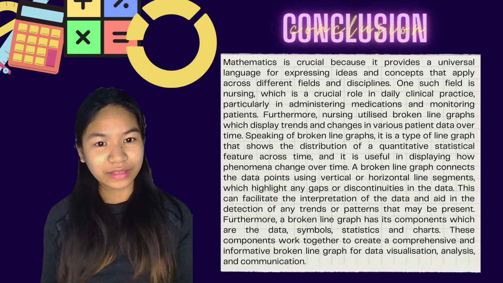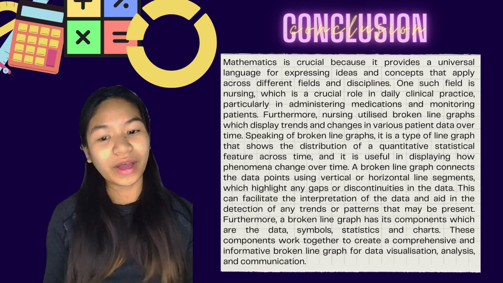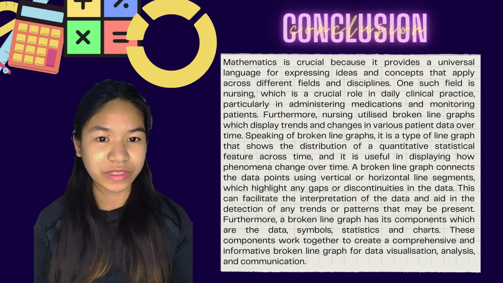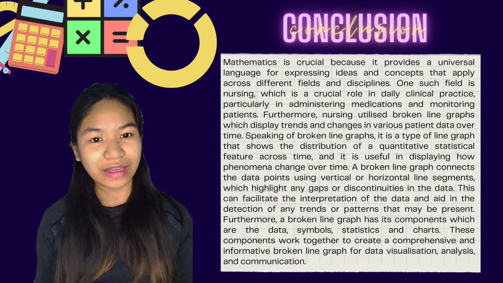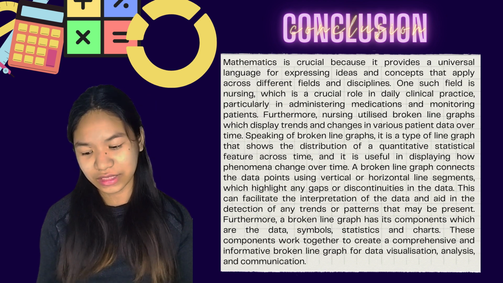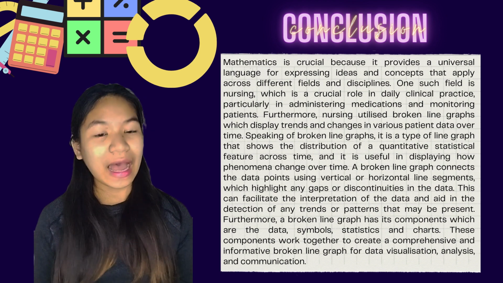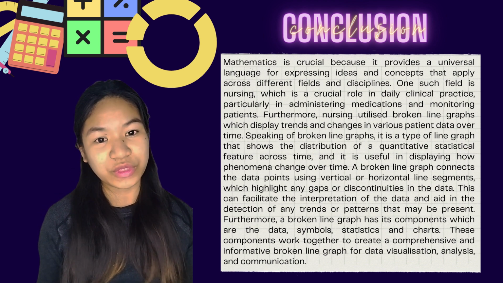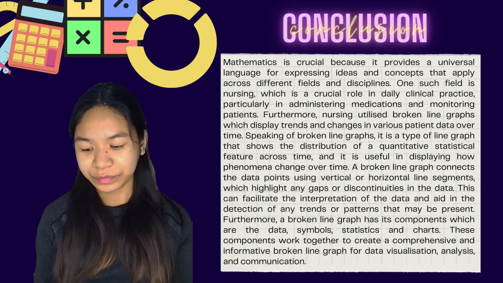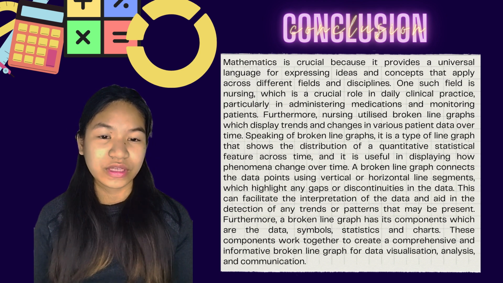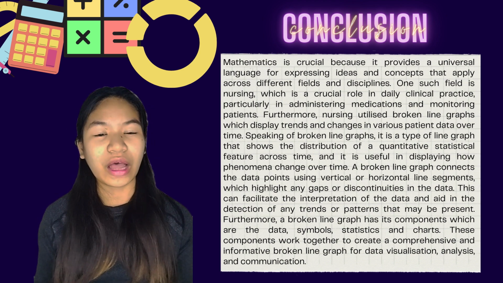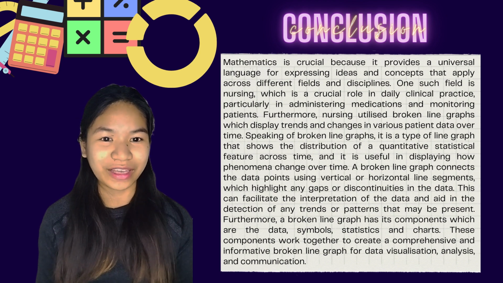To create a broken line graph, one must follow a series of steps, which includes creating and labeling the x and y axis, writing the scales that show the interval, adding the data and plotting it using points, and finally, connecting the points. So that's our conclusion about our topic, broken line graph.